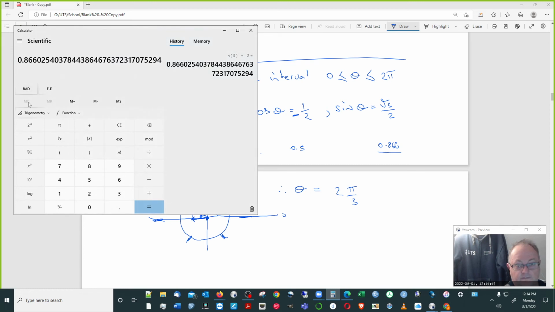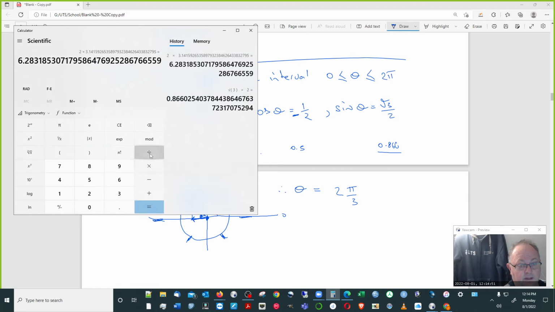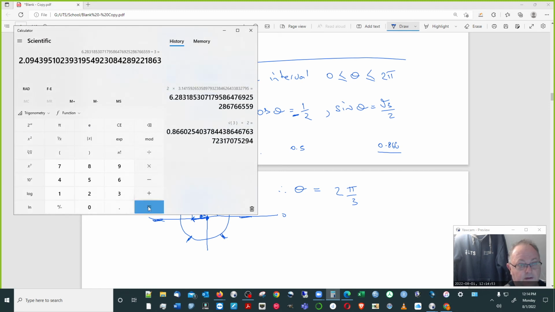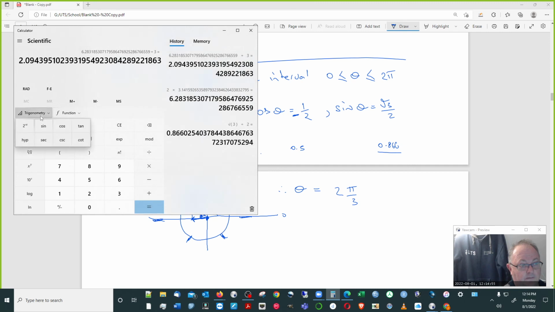Radians. 2 times pi divided by 3, trig function cos, minus 0.5. Tick.